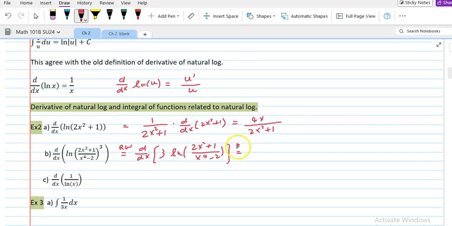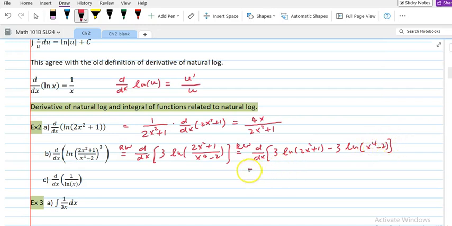I'm still rewriting, still waiting to do d dx of 3 times ln 2x squared plus 1, and then minus 3 times ln of x to the 4th minus 2, because they're dividing, so you subtract.